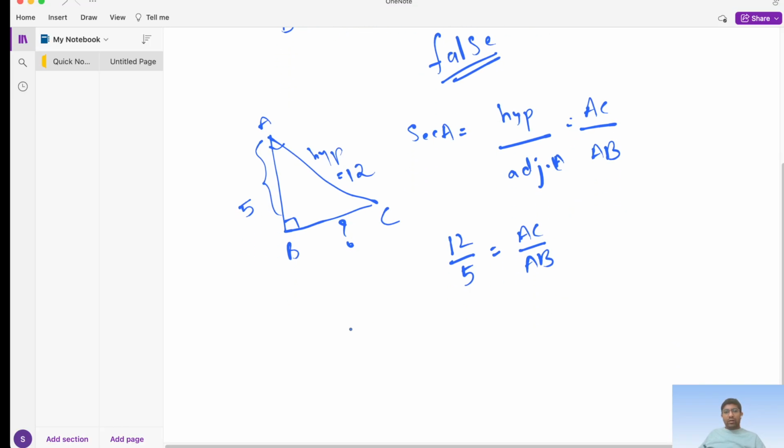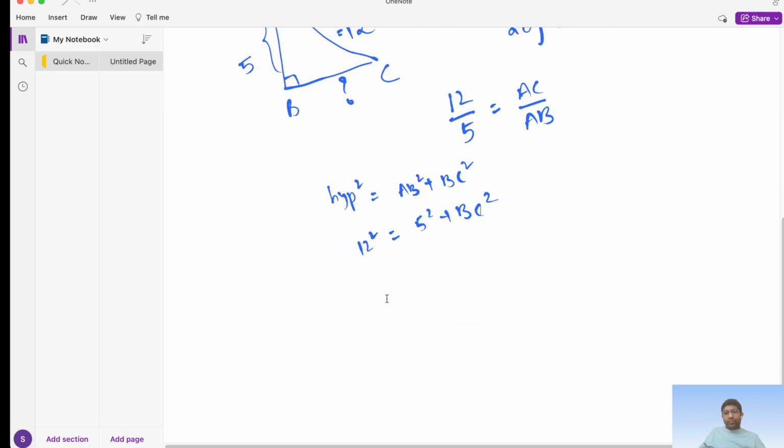What is BC? So apply Pythagoras theorem. Hypotenuse square is equal to the sum of squares of the other two sides of a right angle triangle. So 12 square equals 5 square plus BC square. So 144 is equal to 25 plus BC square.